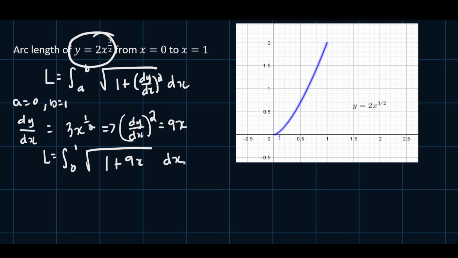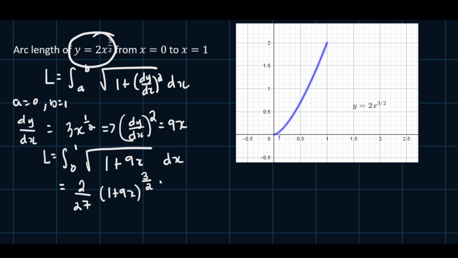So, again, we can approach this by integration by substitution. So, using integration by substitution, ang makukuha nating sagot will be 2 over 27 times 1 plus 9x raised to 3 halves.